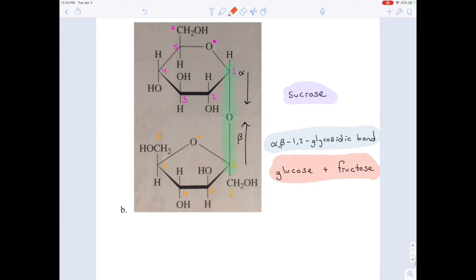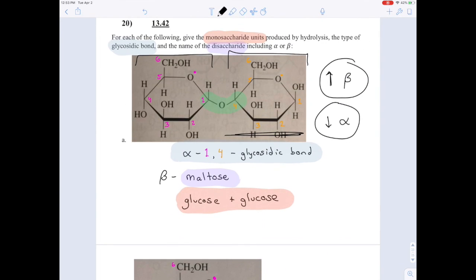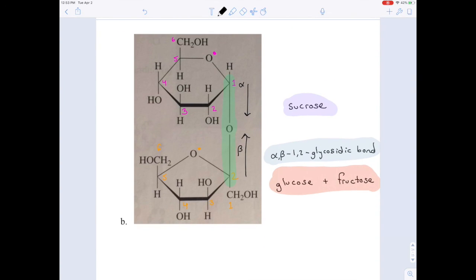And unlike the other disaccharides, where the OH to the right of the oxygen could either be going up or down, and so we either got an alpha or a beta out in front of the disaccharide name, for sucrose, this oxygen is already represented in the glycosidic bond, and so there's only one form of sucrose. You can't have an alpha sucrose or a beta sucrose, it's just this. This would be your answer, all 3 of these things.